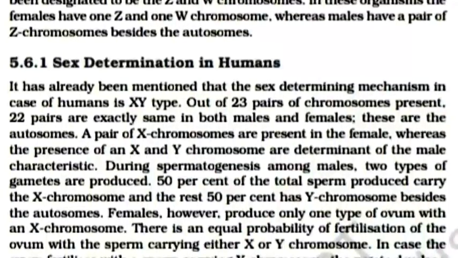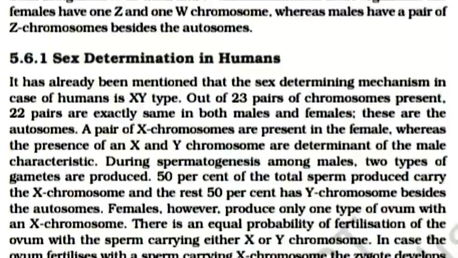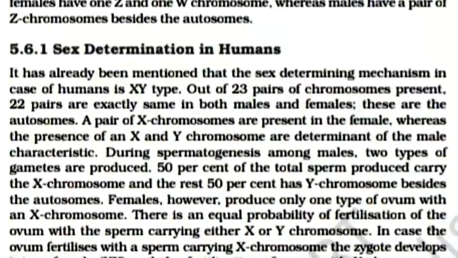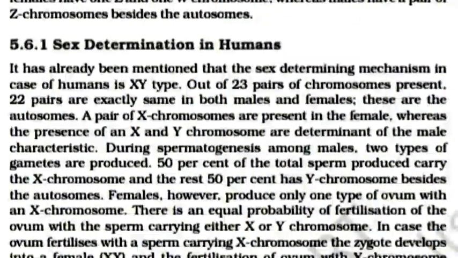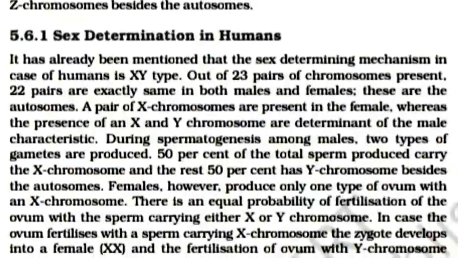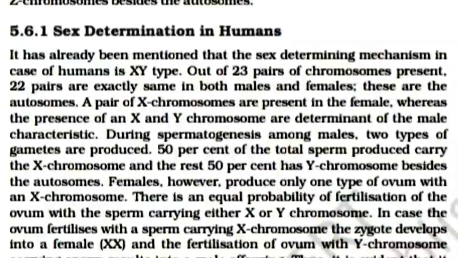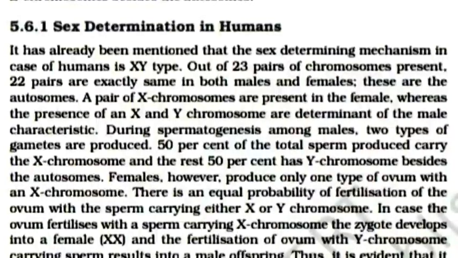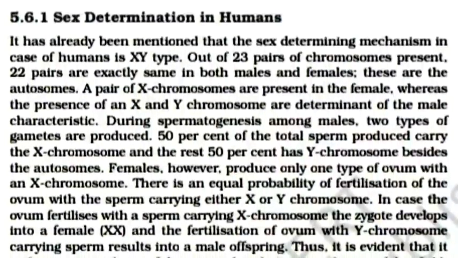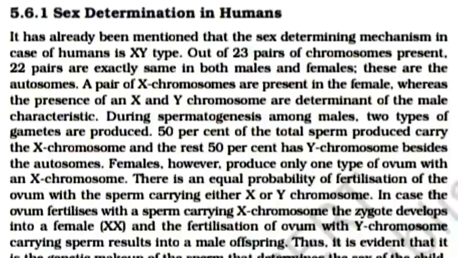Sex determination in human. It has already been mentioned that the sex determining mechanism in human is XY type. Out of 23 pairs of chromosomes present, 22 pairs are exactly the same in both males and females. These are the autosomes. A pair of X chromosomes is present in the female, whereas the presence of X and Y chromosomes determines the male characteristics.